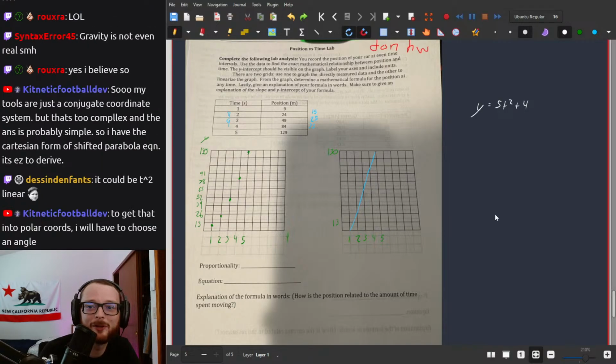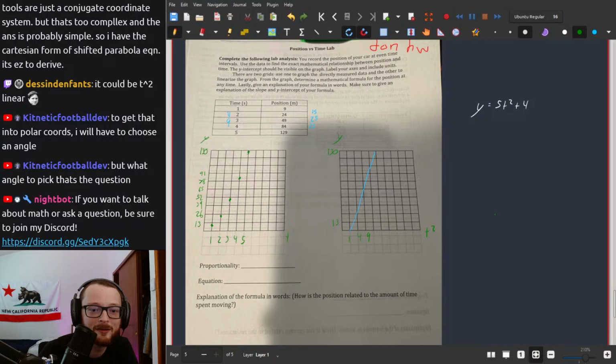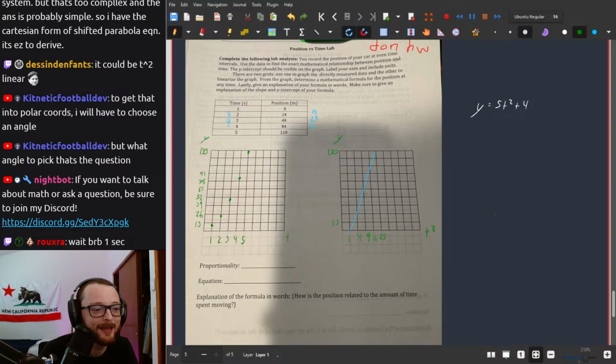You bet t squared could be linear? Like, you could make that scale t squared and this scale y, and you would have 1, 4, 9, 16, 25, and you would have a straight line. It's weird because the scales are squished. Okay.